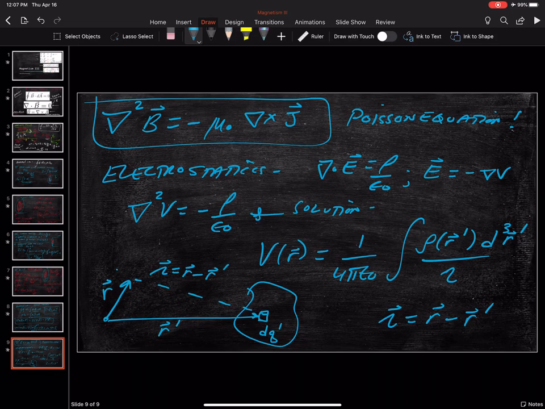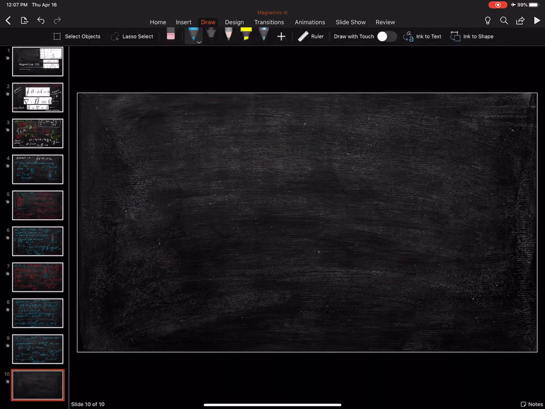So you take the charge distribution, you break it up into a whole bunch of little pieces, dq prime, which is rho of R prime d3r prime. This d3r prime just means the little volume. And you integrate over this. And so that's the solution. But notice, we've got exactly the same Poisson equation. We're just replacing one thing with another. And so that tells me I can write down right away what my solution for B is.